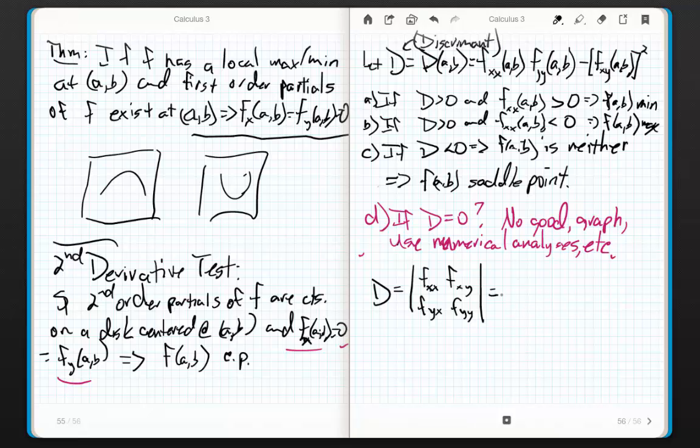So if I take the discriminant, that's the product of those two minus the product of those two. I forget the name of the person who showed these partials could be flip-flopped; it's a French name. It doesn't matter. I end up with fxx times fyy minus f of xy, squared. It's just a mnemonic device for remembering what D is.